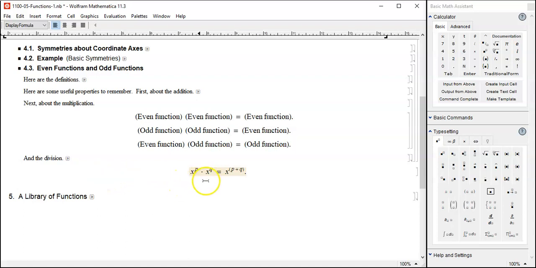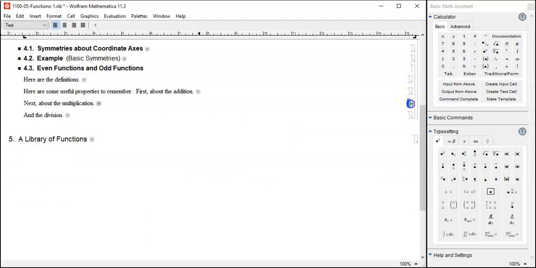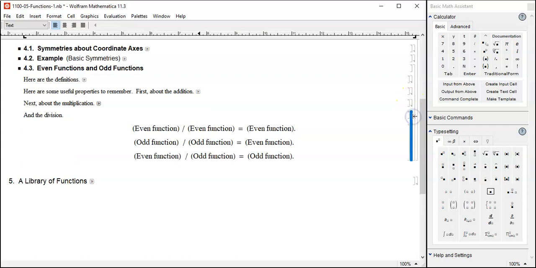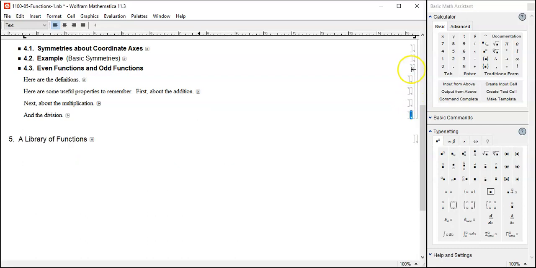And even function times even function, for instance, corresponds to even power plus even power. And for example, odd function times even function is associated to odd number plus even number in terms of powers. That's how they are related. I could prove them, of course, but that's a bit too mathematical, so I'll stop there. Division works pretty much the same thing.